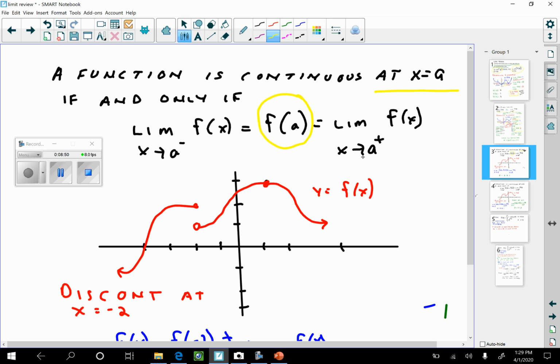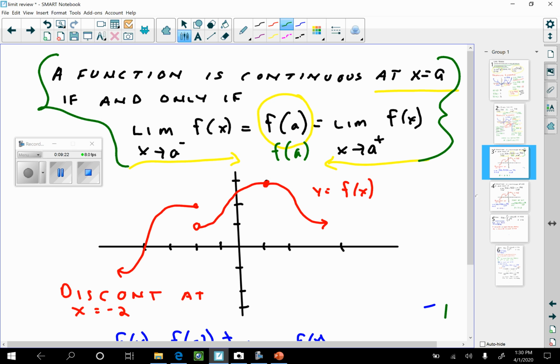The left-hand limit has to indeed equal the right-hand limit, but they both have to equal not only L, they have to equal, and now my L is going to be this guy here that we're going to call f of a. If this statement is true, then a function is continuous at x equals a. This is the definition of continuity, ladies and gentlemen. This is the definition of continuity.